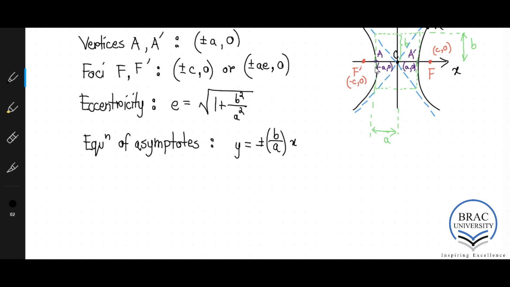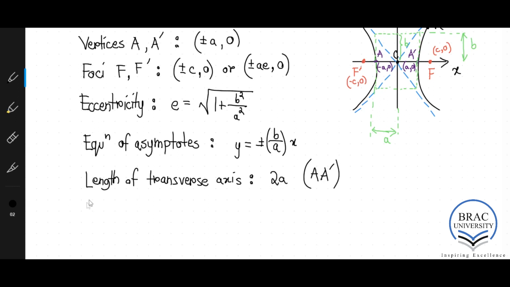So the transverse axis is what connects the vertices. So length of transverse axis here is 2a, as you can see here, and this is represented by a prime. So if you know the value of a, you can just calculate this.